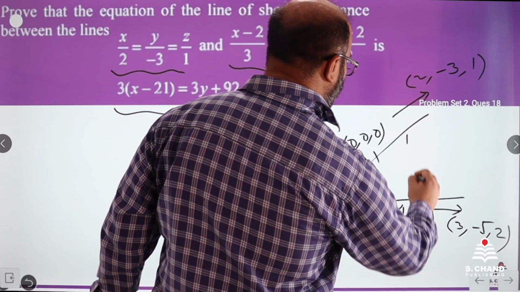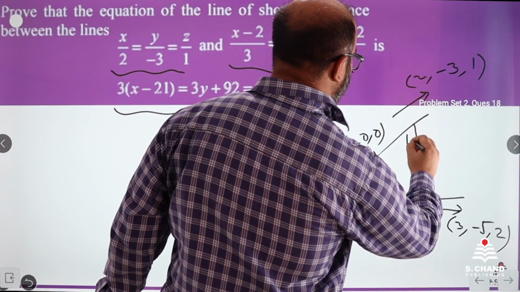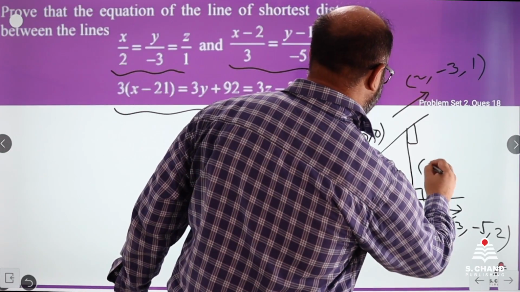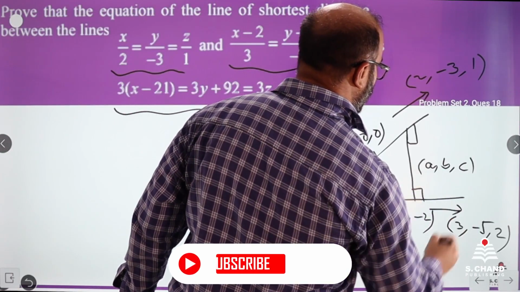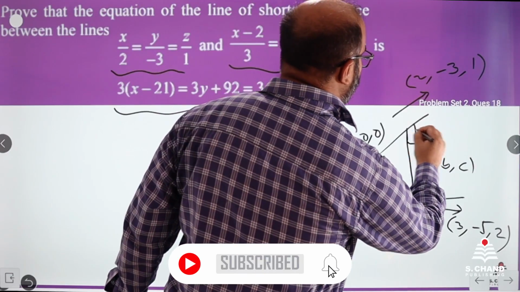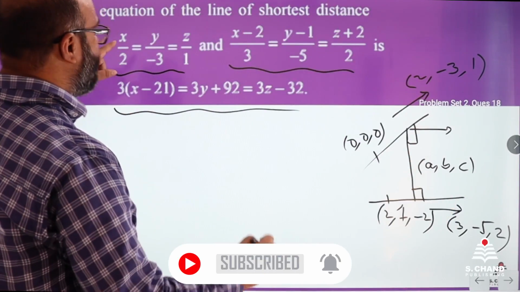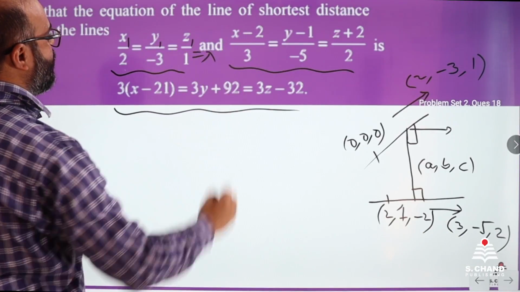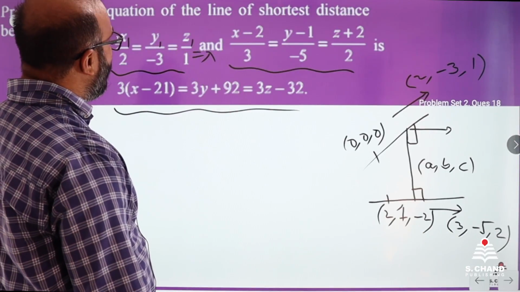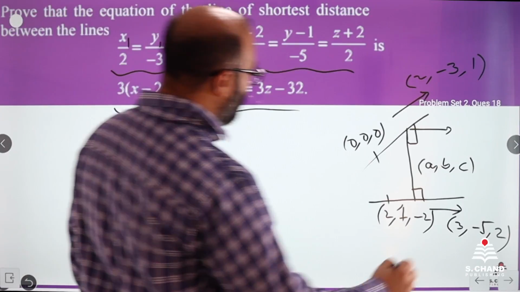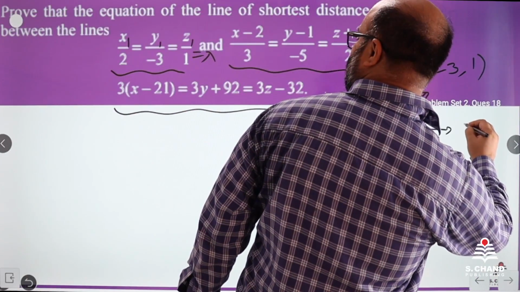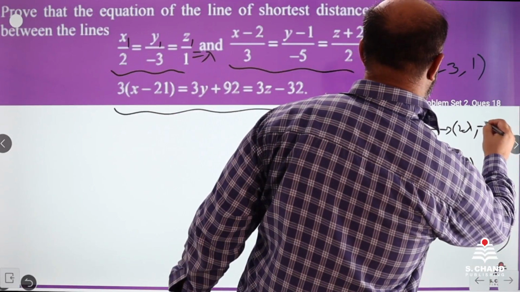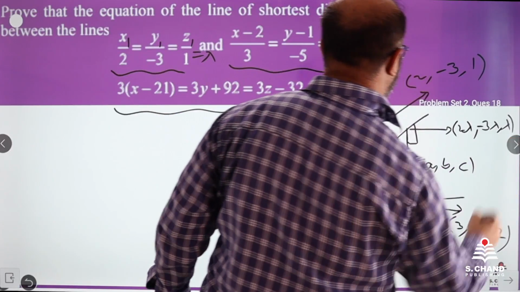Now, if we take the shortest distance line, then it is the common perpendicular, where its direction ratio can be taken as ABC. The foot of the perpendicular on the first line can be taken, suppose x1, y1, z1, as lambda, minus 3 lambda, lambda.